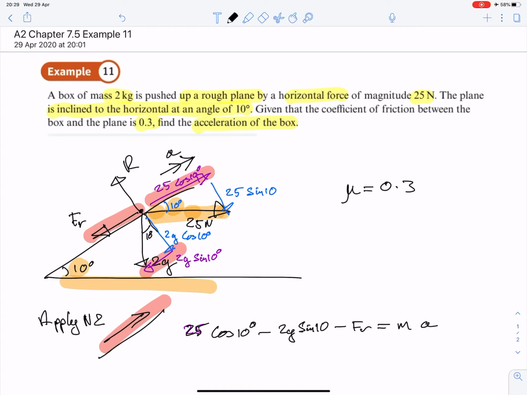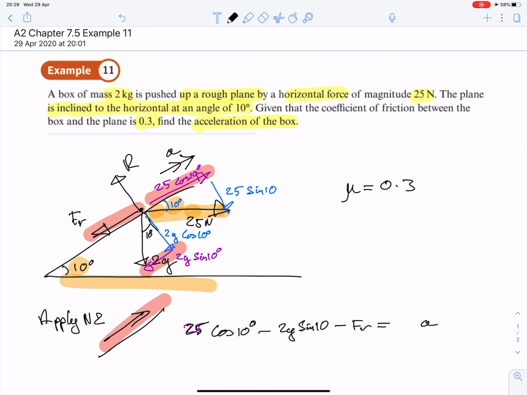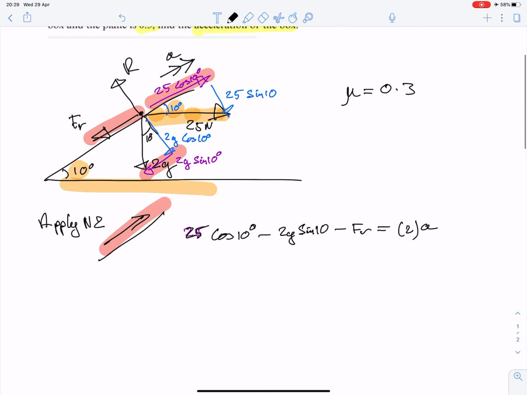And we know the mass, so we can write it in. We know the mass is 2. I'm just going to rearrange that to make friction the subject, because we know that later on we're likely to have to use friction is equal to mu R. So we get 25 cos of 10 minus 2g sine of 10 minus 2a is equal to the friction.